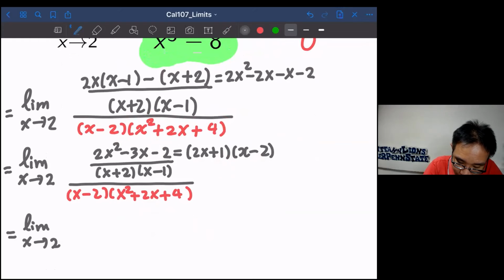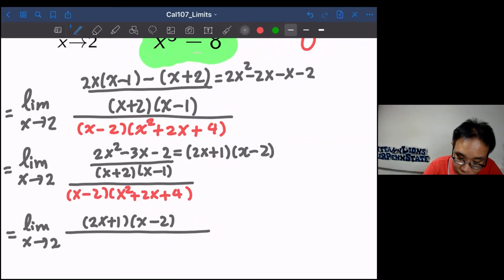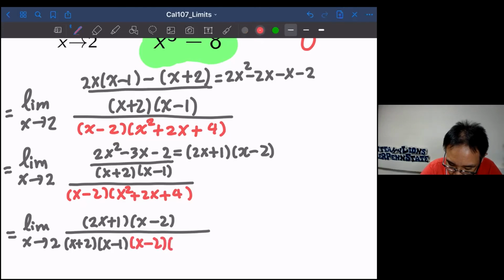So you see it's going to be 2x plus 1, x minus 2. And from your algebra, these two can be combined on the same level. So you get x plus 2, x minus 1, x minus 2, x squared plus 2x plus 4.